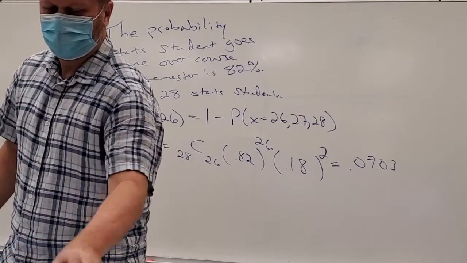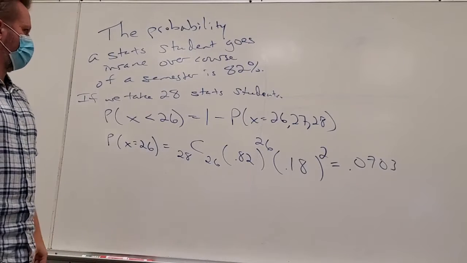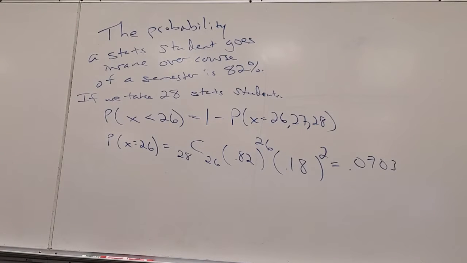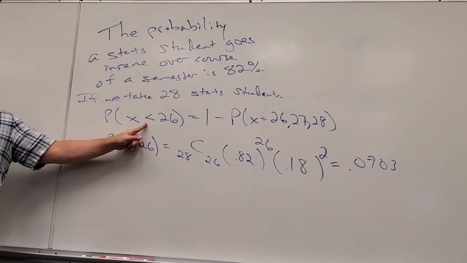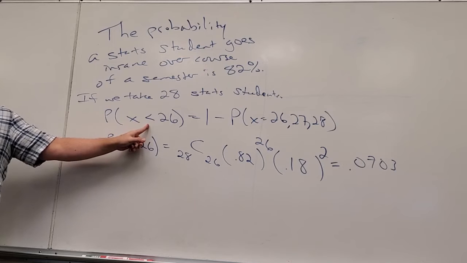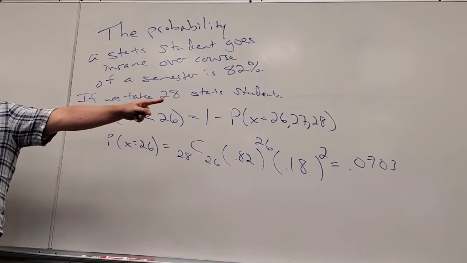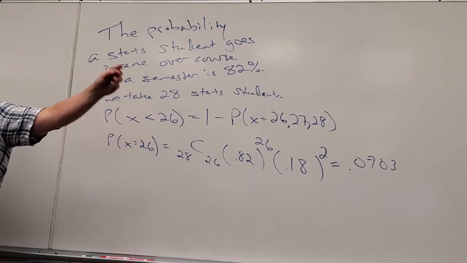For that problem, why would we include 26 when it's not less than or equal to? So the original problem, does it include 26? No. So should the opposite have 26 in it? Yes.